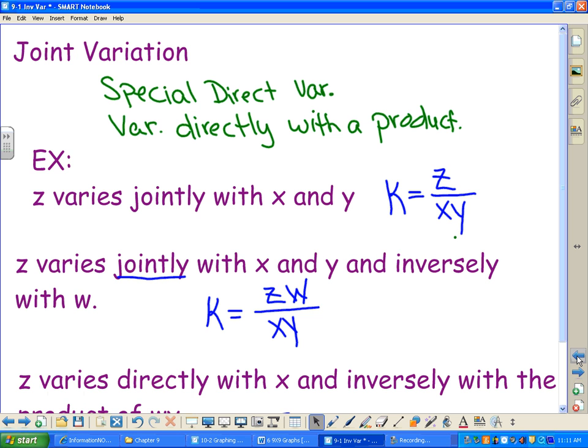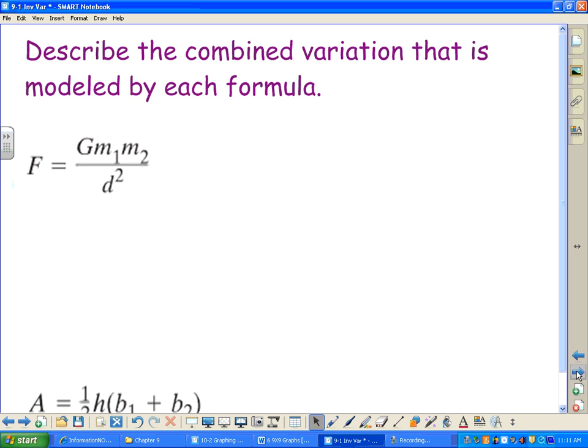Okay, so we're going to say how things vary. Do they vary jointly? Do they vary directly? Do they vary inversely? How do they vary? But the first thing that you're going to want to do is solve for the constant. Because if you solve for the constant, then the whole idea about multiplying and dividing works just like we were doing before.